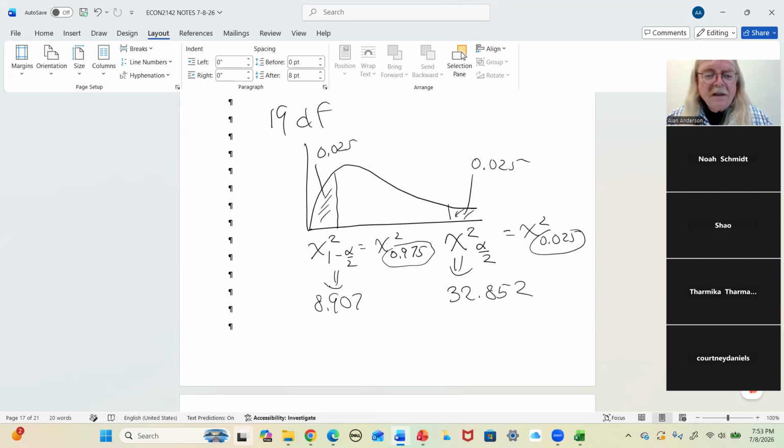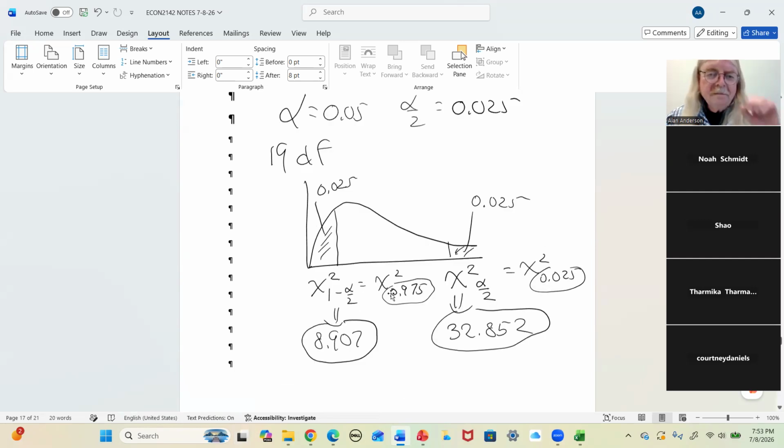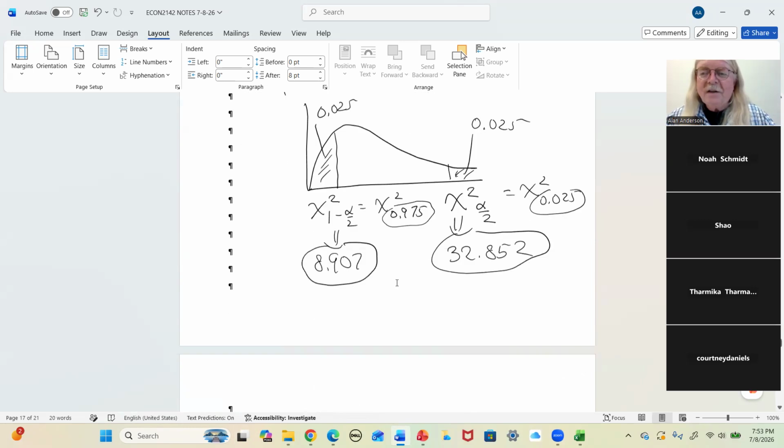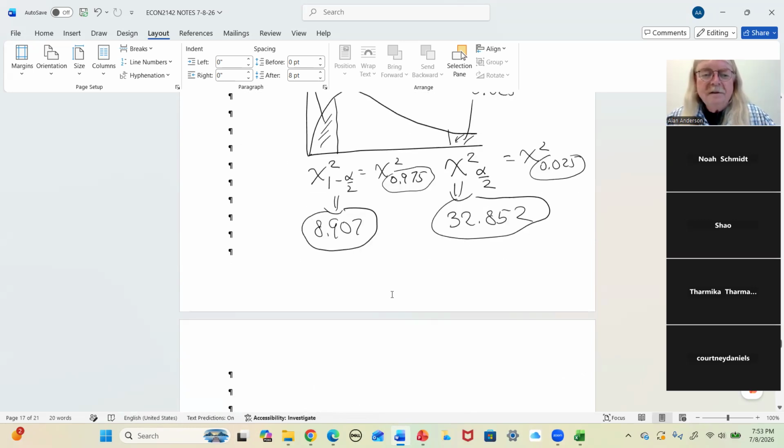So if I'm constructing a 95% confidence interval, I will need these values in the formula. Yeah, well, we'll get used to it. Don't worry. It sounds a lot more complicated than it is.